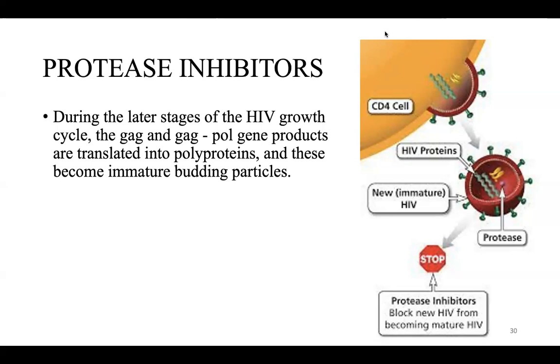By preventing post-translational cleavage of the gag-pol polyprotein, protease inhibitors (PIs) prevent the processing of viral proteins into functional conformation, resulting in the production of immature, non-infective viral particles.